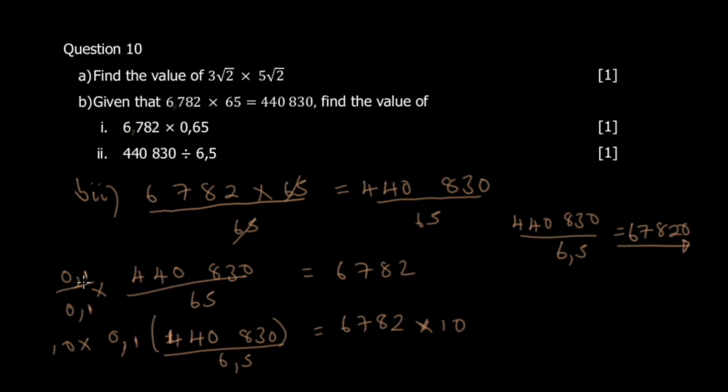So for example, if you multiply by 0.1 at the bottom to create the 0.65, you have to multiply also the top part, so that you retain the value. The value doesn't change. And here we wanted to get rid of this, so that we remain with only this part, which is similar to this part here. So if you multiply by 10 one side, we also have to multiply by 10 the other side. So that's how we got this one.